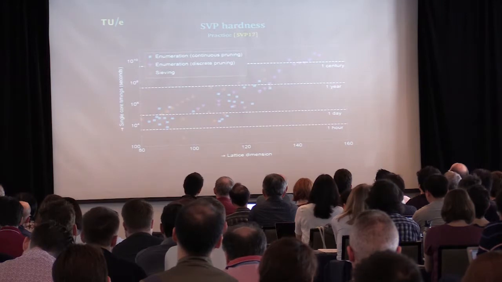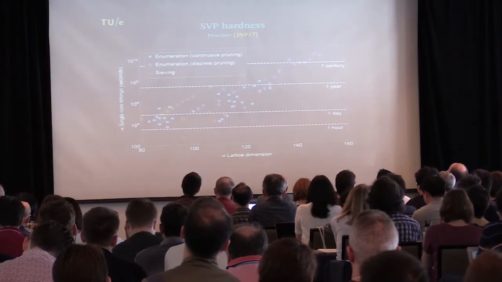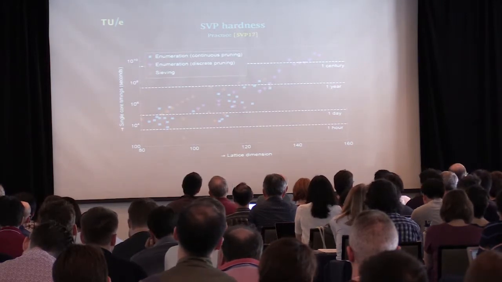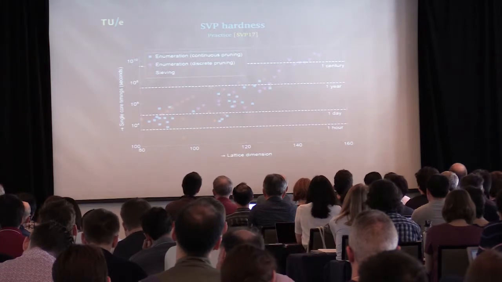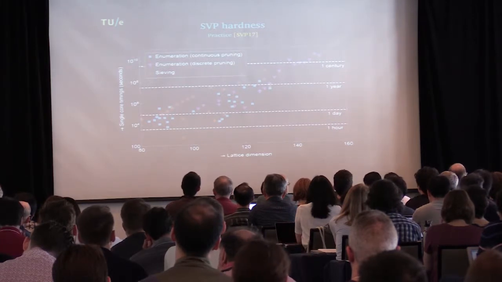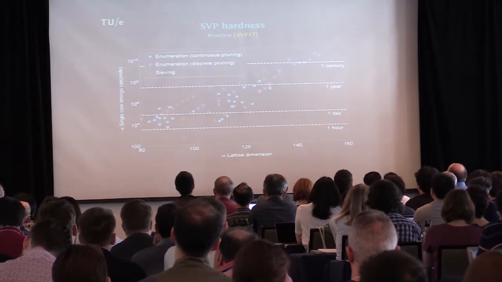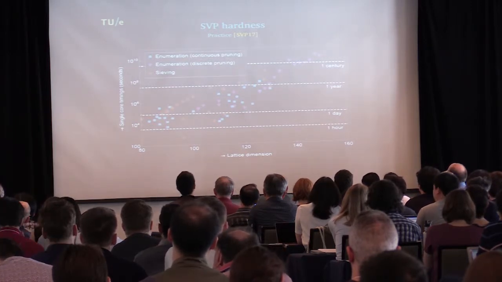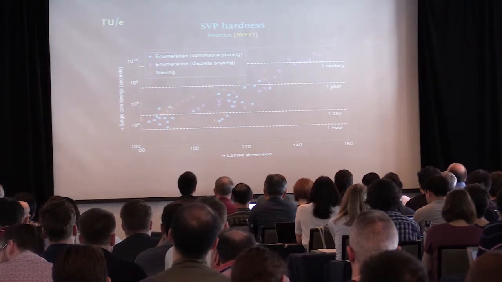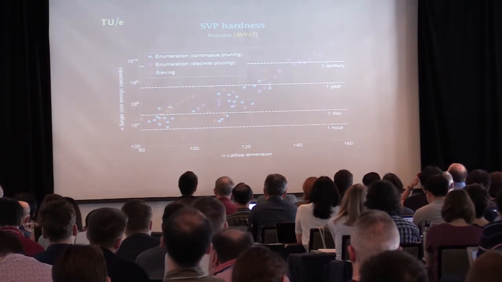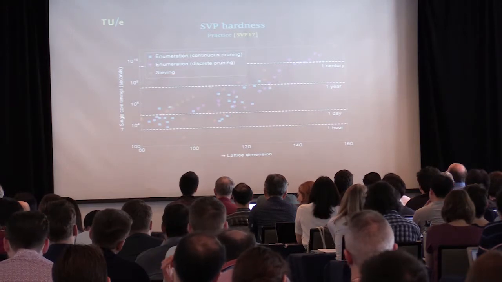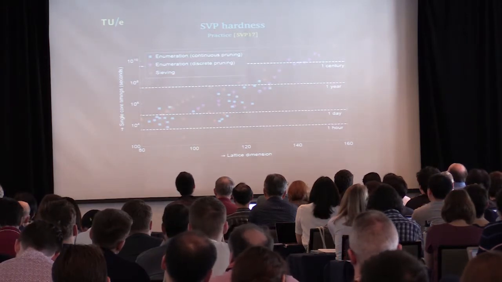A team of Japanese people solved the SVP challenge on a 150-dimensional lattice in a few centuries of single-core time. The best result with sieving is only in dimension 130, and that's in ideal lattices. On plain lattices, I think the best is dimension 120 so far. So in practice, if you try to implement these algorithms, enumeration is currently still better than sieving.